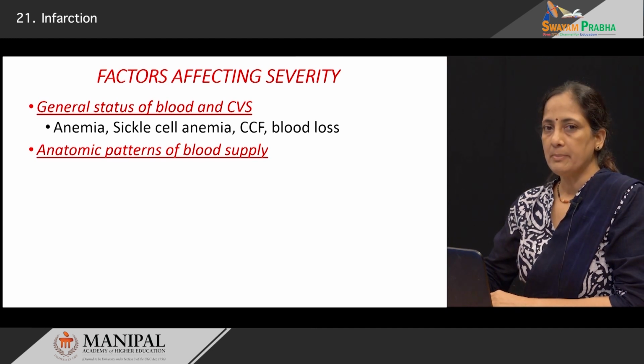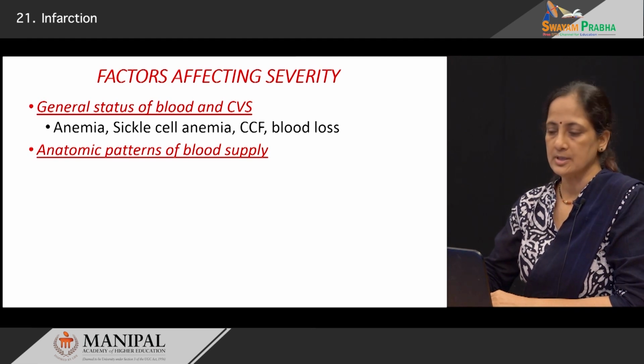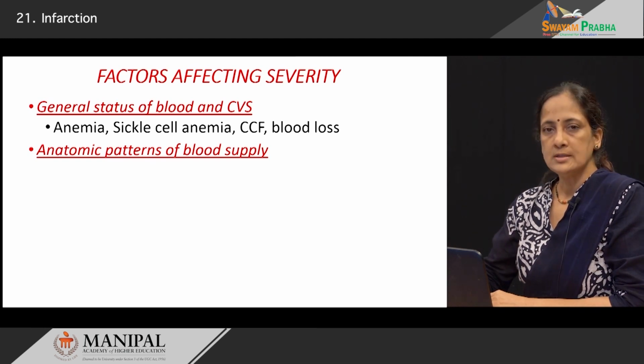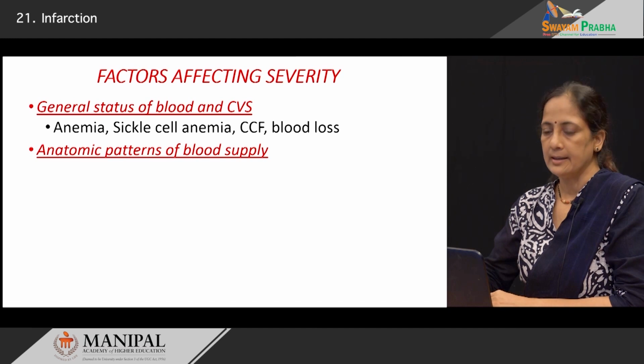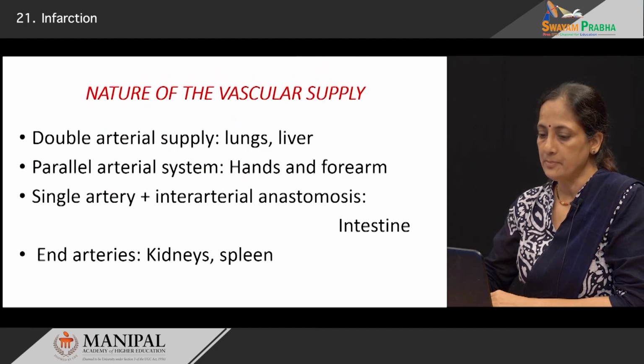The anatomic patterns of blood supply of various tissues also predispose tissues to infarction. For example, organs which have dual blood supply, like the liver and the lung, are relatively protected. Parallel arterial systems, as seen in the hands and forearm, also prevent infarctions, as the artery can be compensated by the other vessels present in the area.